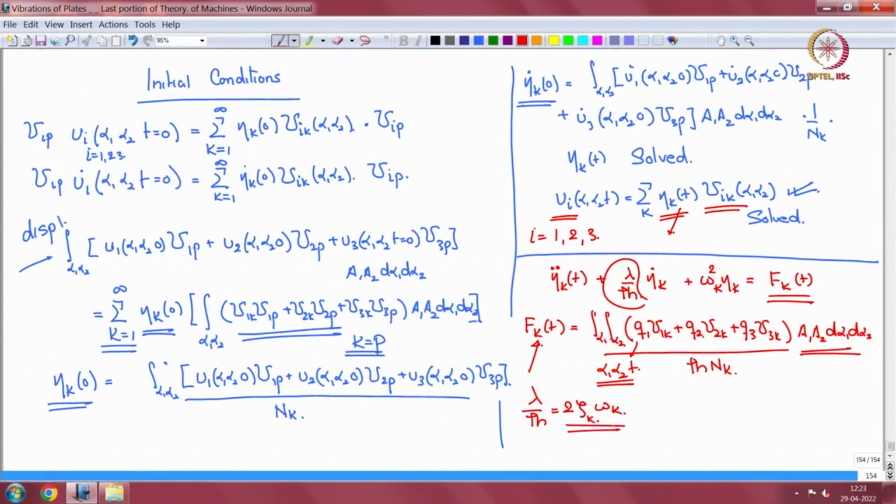So this is a familiar form from 1D lumped vibrations, where zeta k is called the modal damping coefficient. So now eta k has to be solved for.